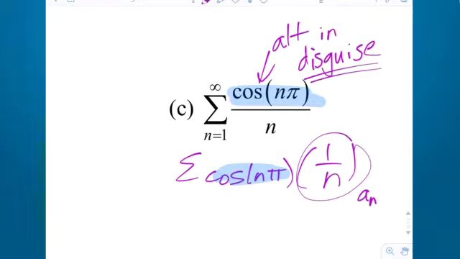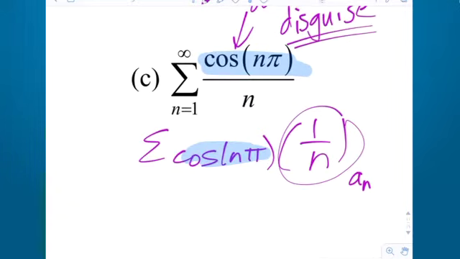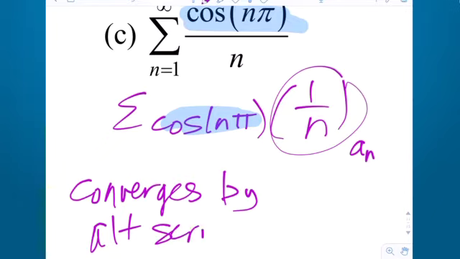It goes to 0. That's the first thing. Do these terms then get monotonically smaller? 1 over 2, 1 over 3, 1 over 4, 1 over 5, they get smaller and smaller and smaller. So, because of the alternator there, this series converges by the alternating series test.